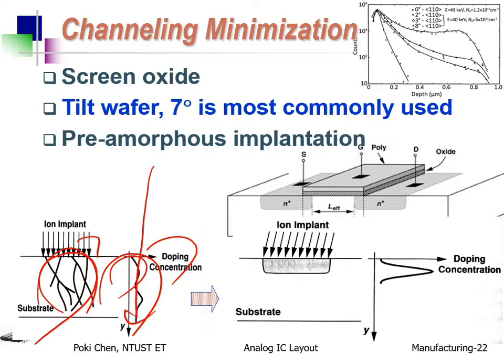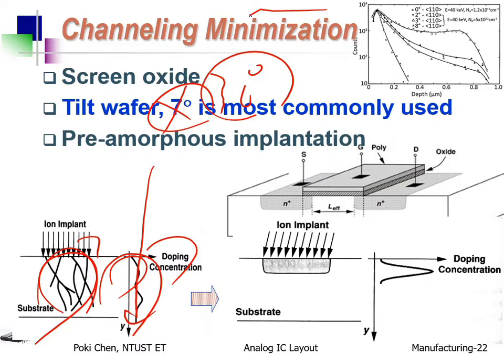On the contrary, if you tilt your wafer a little bit, 7 degrees, but TSMC guys told me 10 or maybe more than 20 years ago, for some process, they even tilt the wafer for 30 degrees. Okay. Anyway, it looks like that.